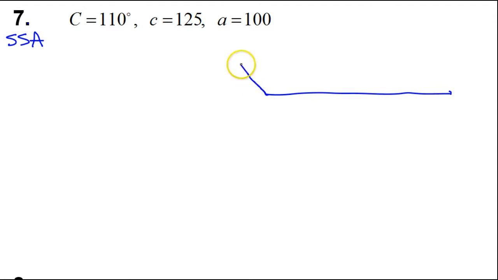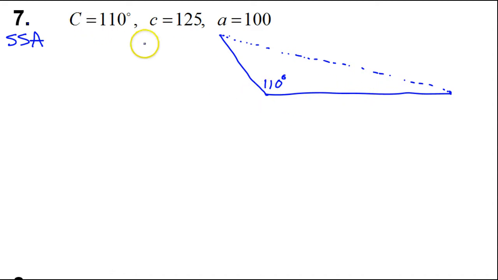This will be my rigid side, but I'm just going to draw it as an obtuse angle. So here is my 110 degrees. I'm still going to make this my swing side, but hopefully quickly you will see that we don't have options. This is really the only way the triangle can be formed.